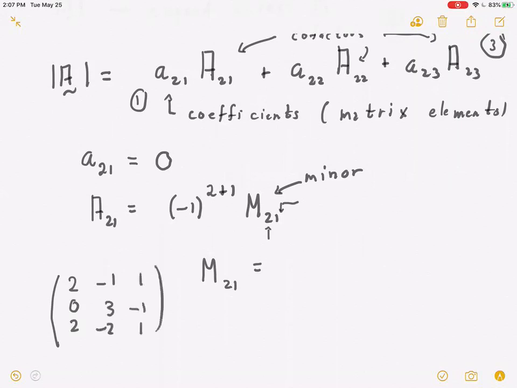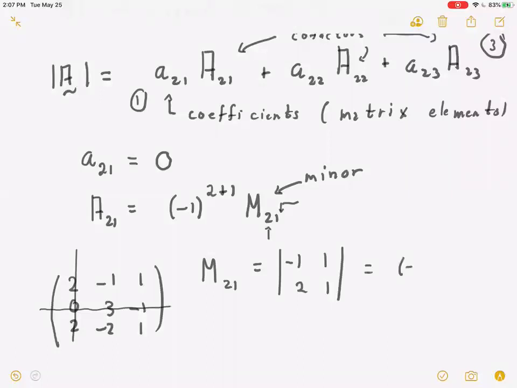And if I eliminate the second row and the first column, then I'm left with a smaller matrix of order 2, and the minor M21 is just the determinant of that. And that's easy to evaluate.